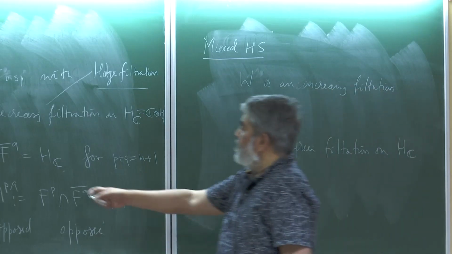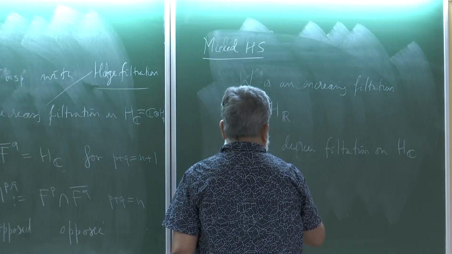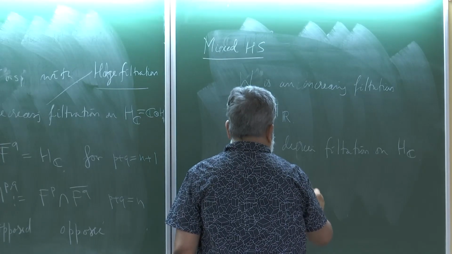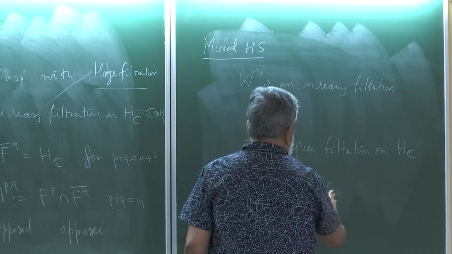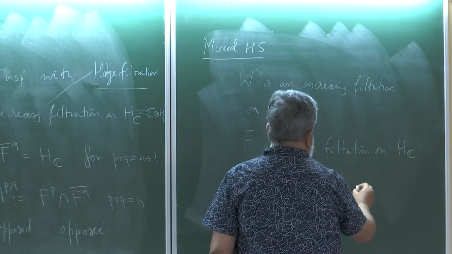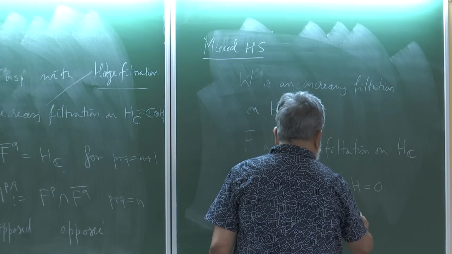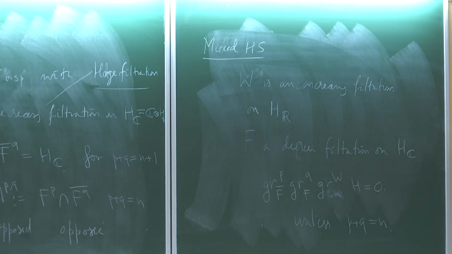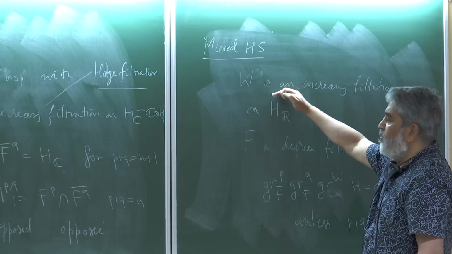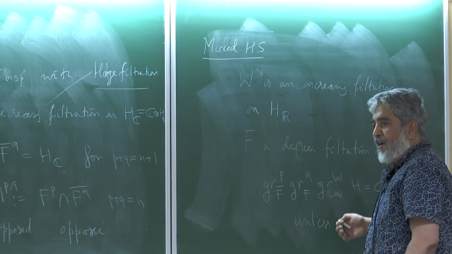And now this condition is going to be rewritten in the following language. Okay, so basically what you are allowing is that there is a gradation, there's a filtration W such that the associated graded at the n-th stage is in fact a Hodge structure of weight n.